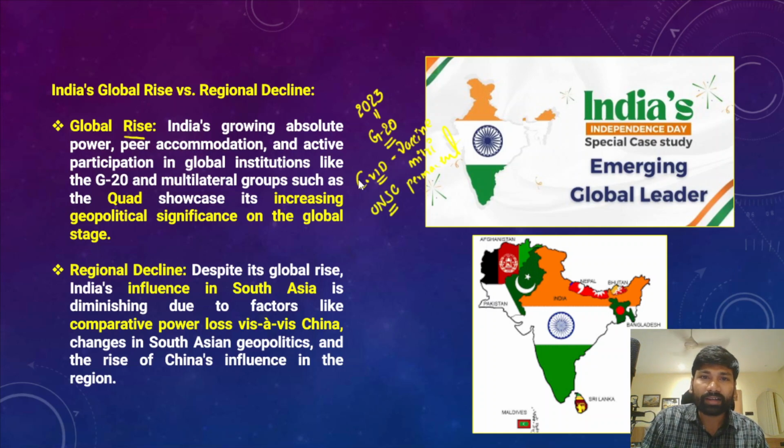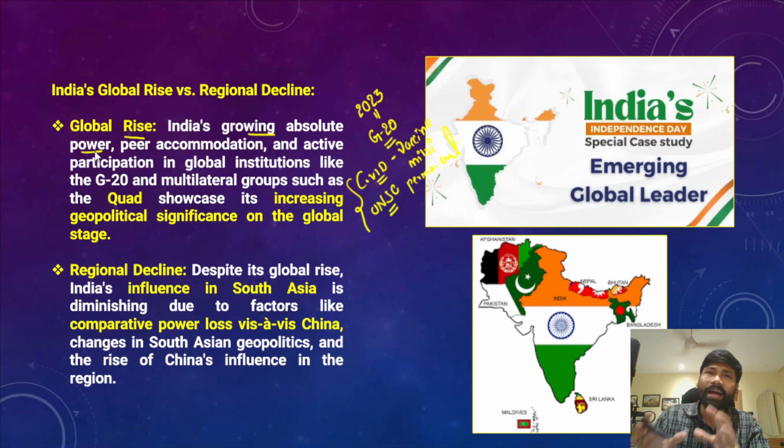So all these factors indicate India's enormous rise at the global level in recent times. If you look at India's absolute power, whether it is soft power or to some extent hard power, there is a growing absolute power for India, and that is what we can observe in recent times.